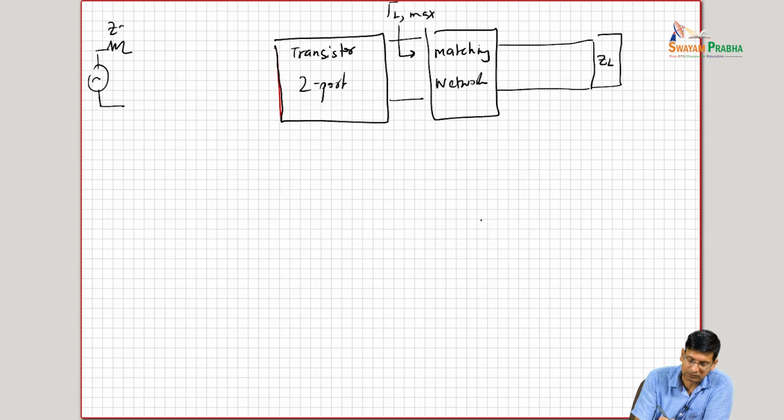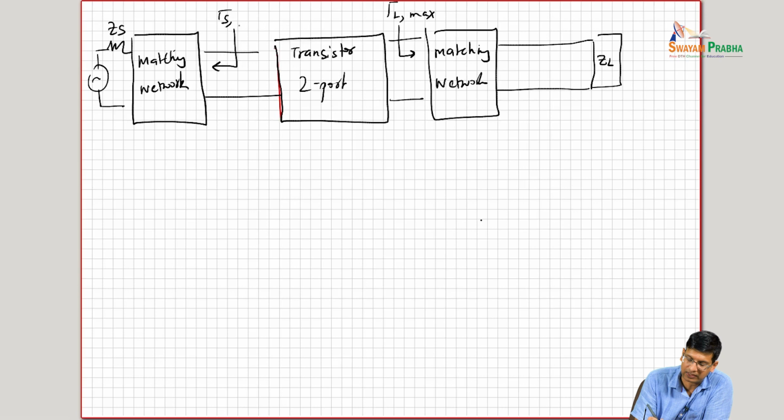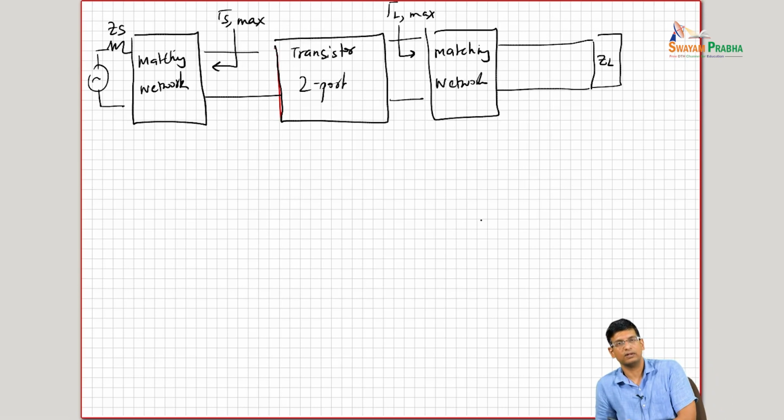So I have some source, and I am basically able to have another matching network that over here moves this so that I get gamma S max, looking in this way, right?